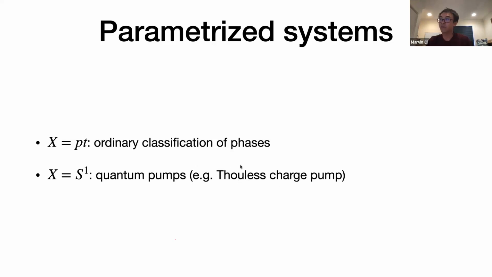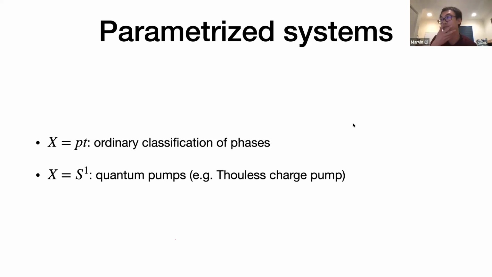So for example, the famous one is the Thouless charge pump, but you could also imagine pumps of SPTs, or nowadays people are thinking about these kinds of EM duality exchange pumps. So these are the two most familiar contexts in which people typically think about parameterized systems.